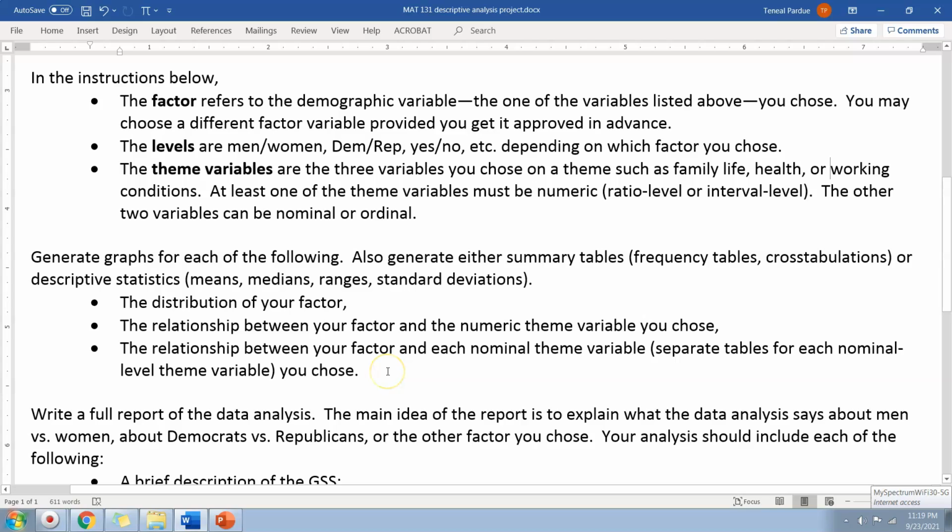I want you to structure it where you compare within levels of your factor. So, of all Democrats, this percent said this, this percent said this. Of all Republicans, this percent said this, this percent said this. So you're going to want to think about which way you structure that crosstab.